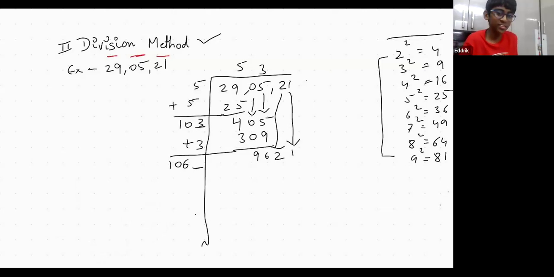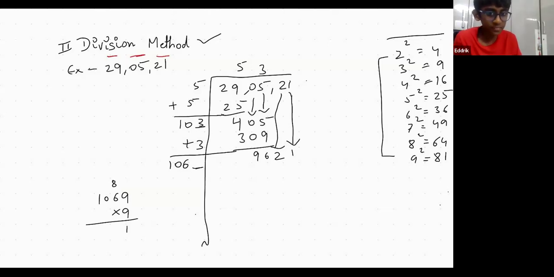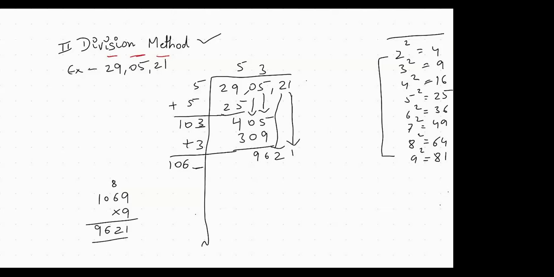Try with 9. We have 9621. So 9 is that number. When I do 1069 into 9, I will get 9621. So put 9 here.